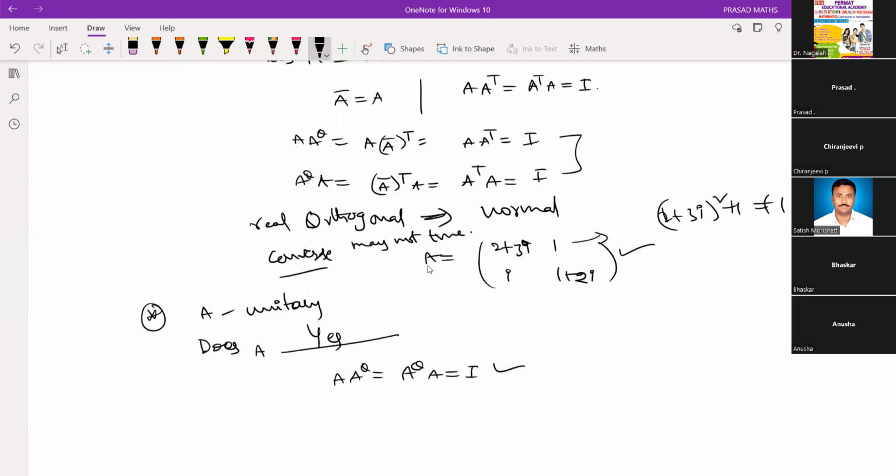What about the converse? With the same example, the converse may not be true.